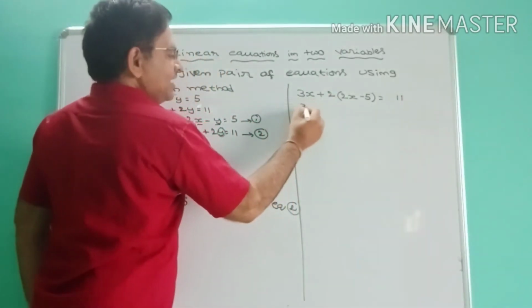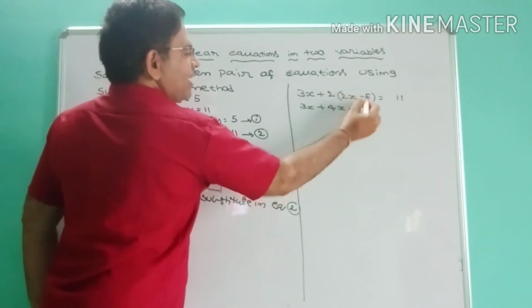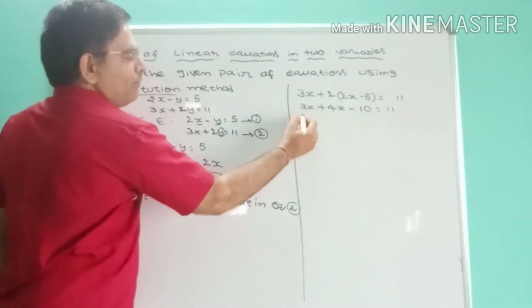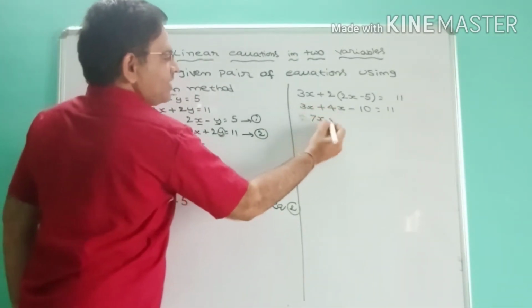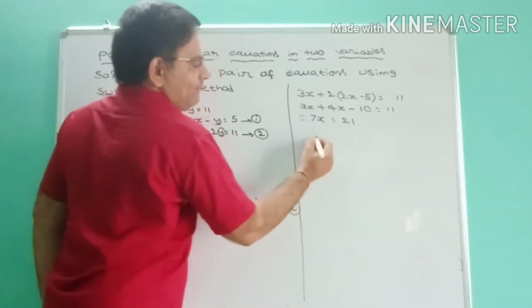Now 3x plus 2 twos are 4x, 2 fives are 10, equal to 11. Now 3x plus 4x is 7x equal to 21, taking plus 10 to the other side, 21.